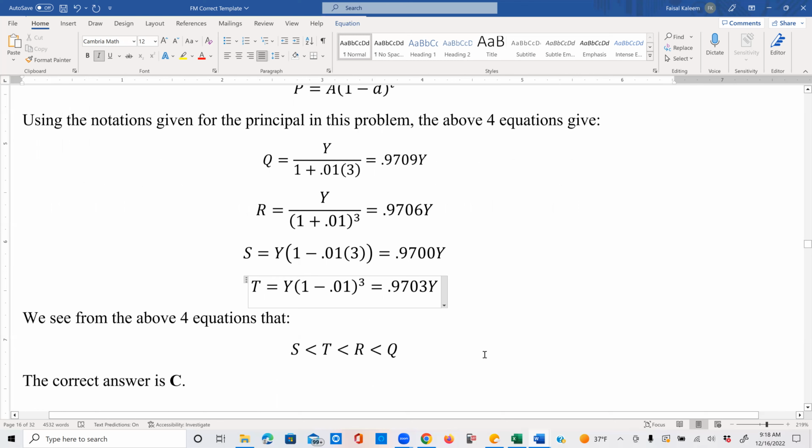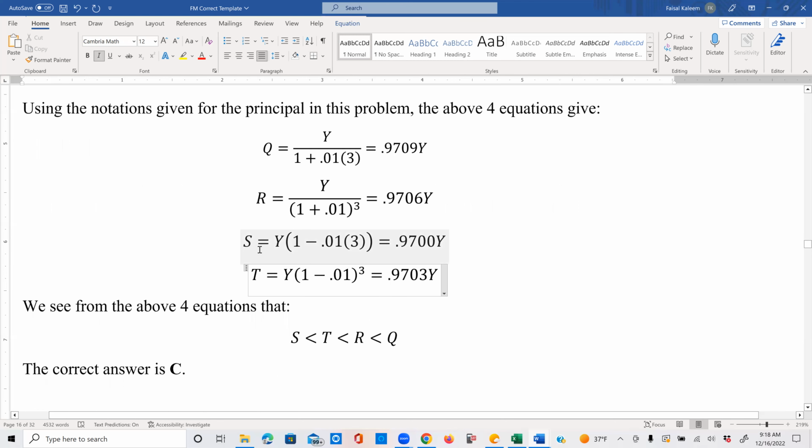So if you compare these four, we see that S is the lowest, 0.9700. Then we have T, which is 0.9703, and then we have R, 0.9706, and then Q, 0.9709. Y is the same in each case. So this was choice C.